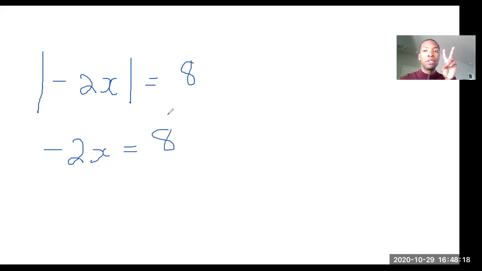There are going to be two values for x. -2x is equal to 8, and -2x is equal to -8. When I write it out like that, it immediately gets rid of the absolute value sign, because the absolute value is telling me that there's a positive value and a negative value. So I write up my equation using a positive value and a negative value.